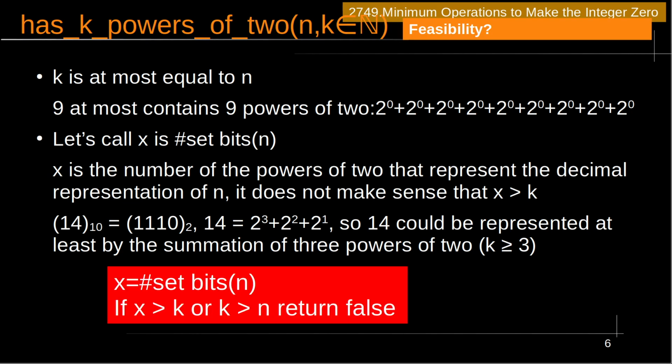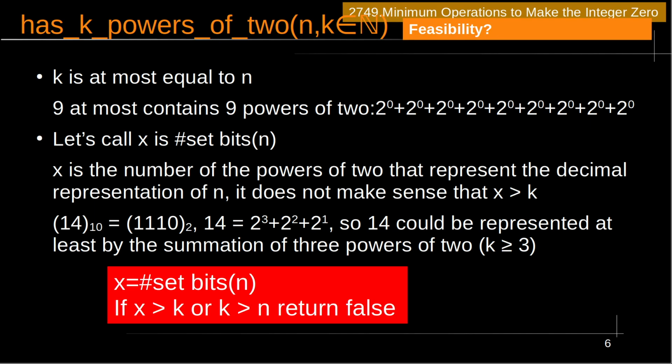So if x is the number of set bits of n, and x is greater than k, as we have seen, or k is greater than n, we return false in this case. We don't need to continue.